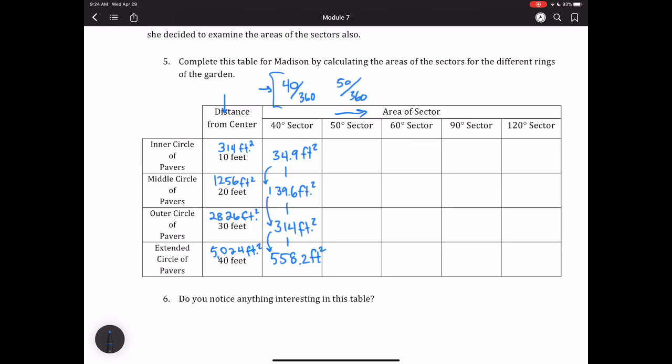And if we were to actually create difference columns here and subtract and look at the first difference column and the second difference column, which I'm not going to do entirely right now, we would actually find that the second difference column would be constant, which means that we are experiencing a quadratic function as we increase our radius by 10 feet.